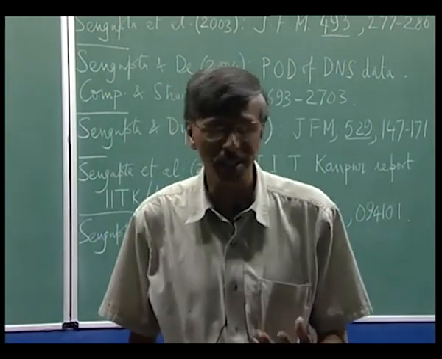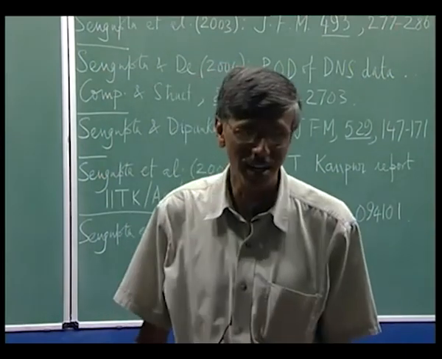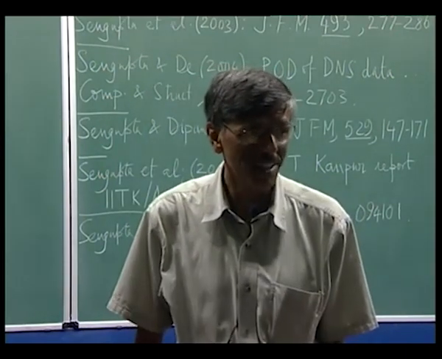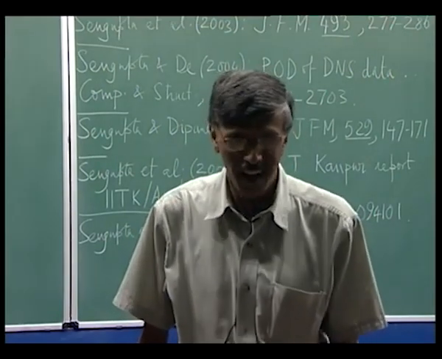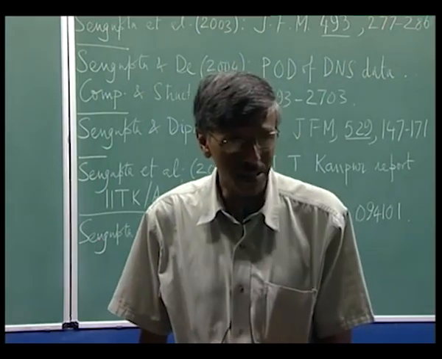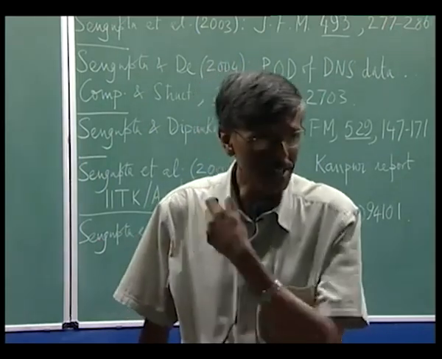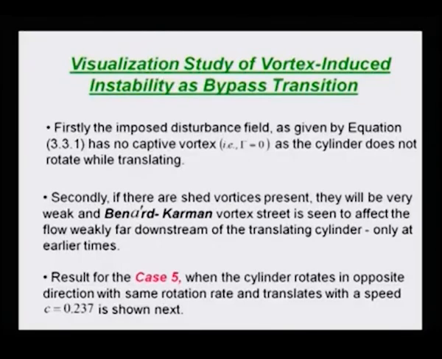Even though you are working in the same tunnel, it is very unlikely that two realizations would give you the same thing. That is because you are not doing a subcritical study. Here we have done a subcritical study to understand what the mechanism is, and we can reproduce it time and again. So, this is something that we must understand.